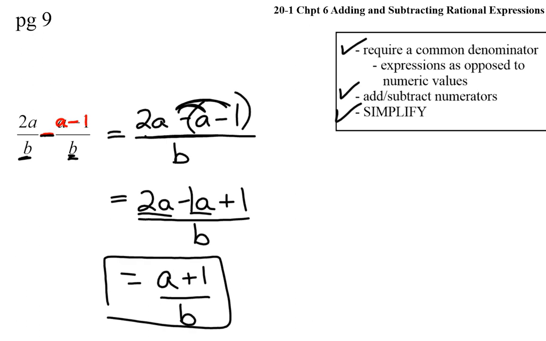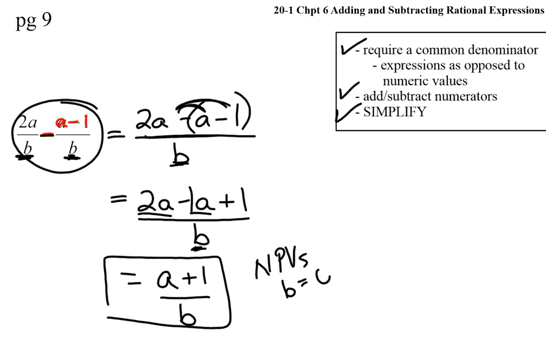There's our answer. 2a over b subtract a minus 1 over b is the same as a plus 1 over b, as long as our NPVs, b is the only variable we need to work with because it's the only variable in the denominator, and b can't equal 0. So the non-permissible value is b equal to 0. It's not allowed.